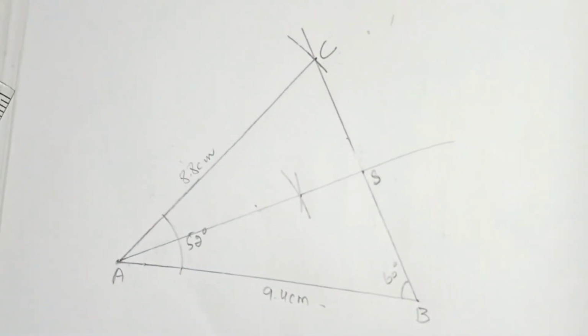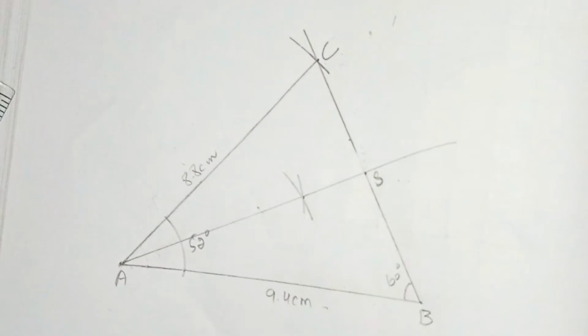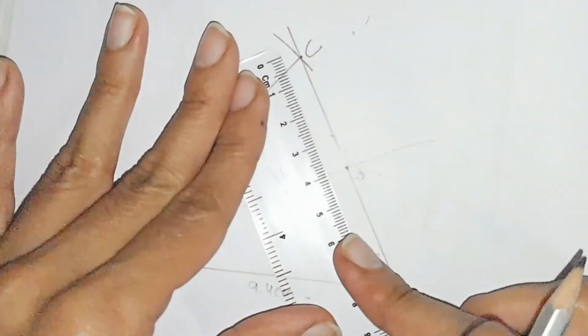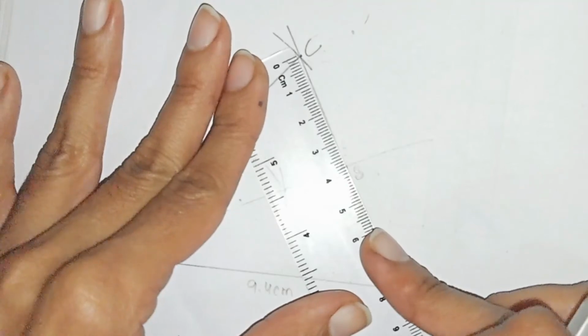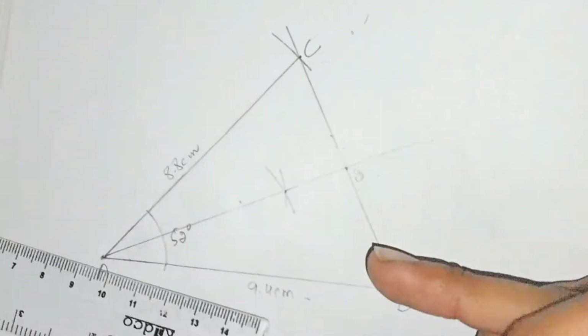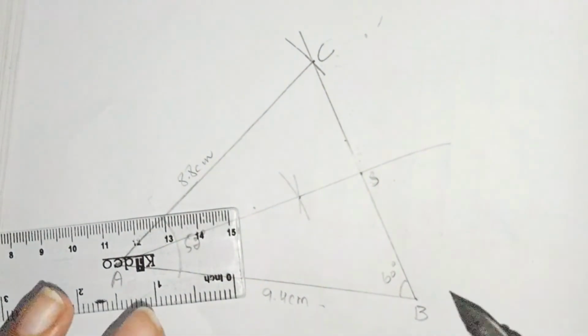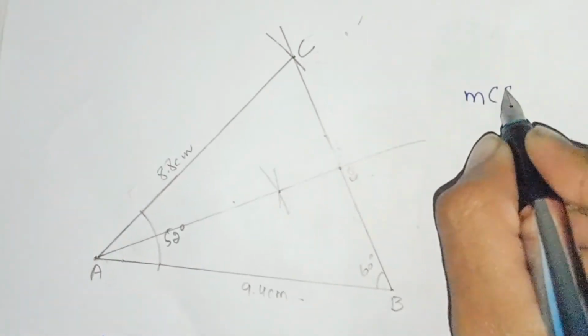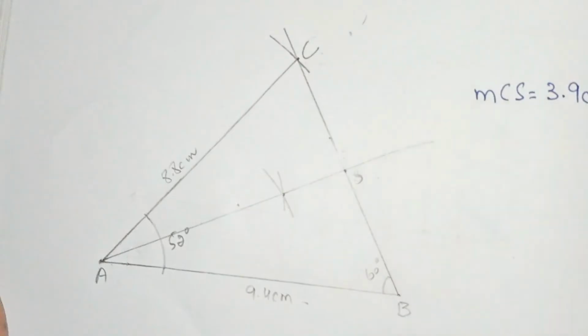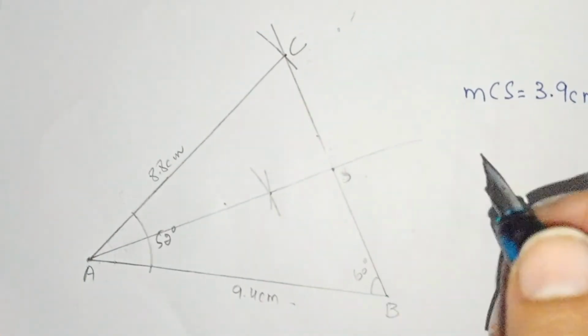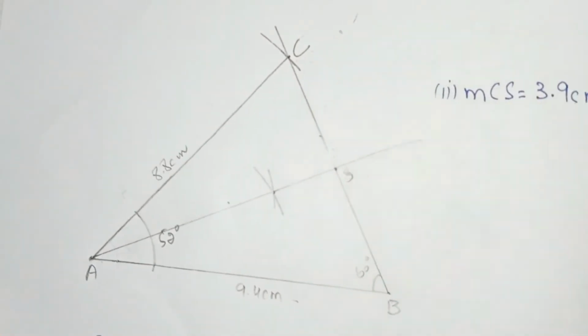Now we have to measure the CS. The CS is approximately 3.9 centimeter. And now students, this is part number 2 and this question is solved.